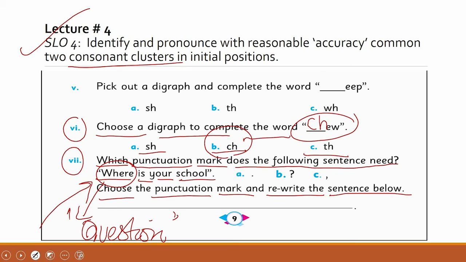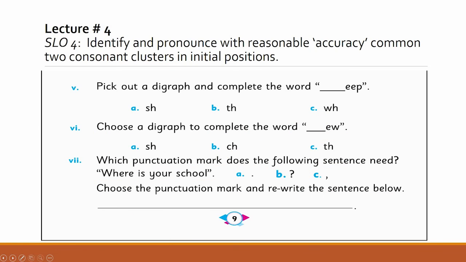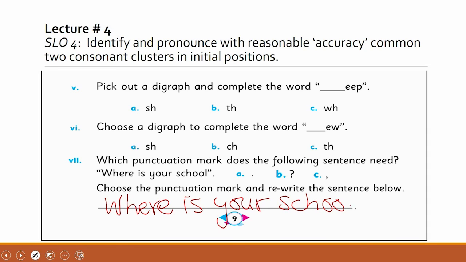And at the end of every question there is a question mark. So is it a full stop? Is it a question mark? Is it a comma? You have to rewrite the sentence again. Where is your school? And a question mark.